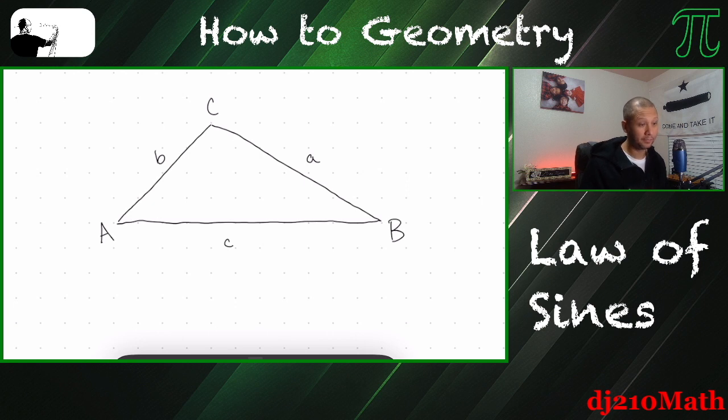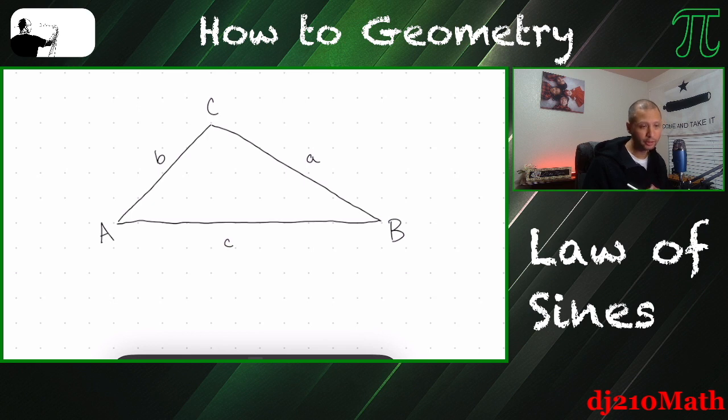Okay, law of sines. So here's the deal. When we have a right triangle, the shortcut, I guess you could say it's a shortcut, is SOHCAHTOA, right?